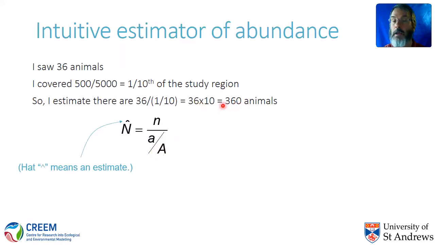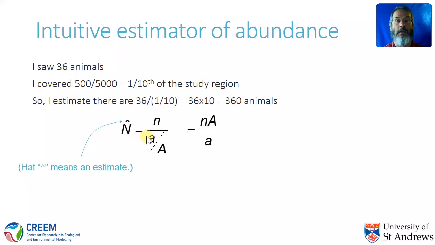That leads to our estimate of population size of 360. So now capital N that we use to denote population size, you'll note it has a hat on it. That hat indicates that it's an estimate.